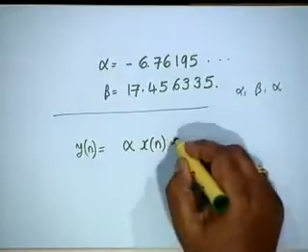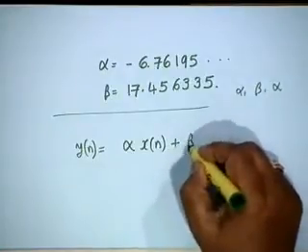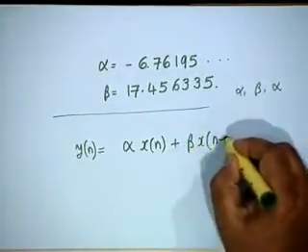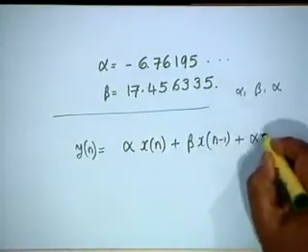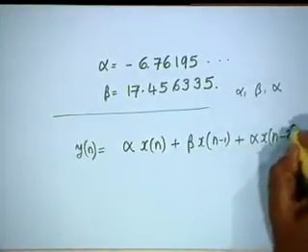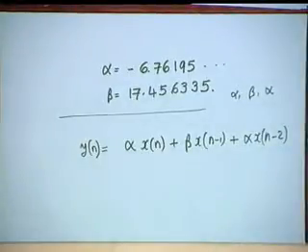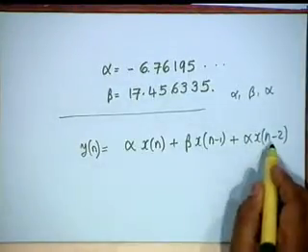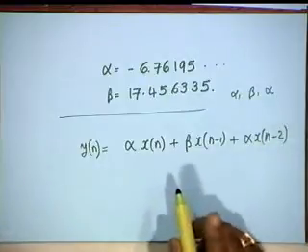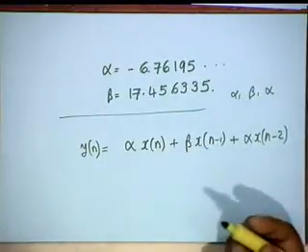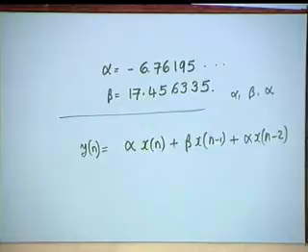So, y of n shall be alpha x of n plus beta x of n minus 1 plus alpha x of n minus 2, as simple as that. You can implement this with 2 multipliers only, because x of n and x of n minus 2 can be added together then multiplied by alpha. Reducing the number of multipliers is an extremely important criterion in the realization of a DSP.